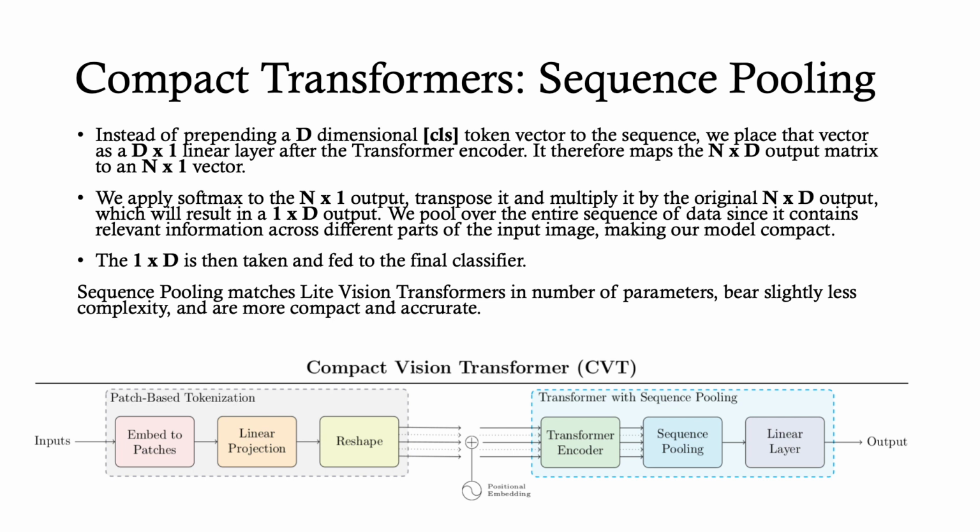This sequence pooling technique matches our model's performance with the light version of the vision transformers in terms of the number of parameters, and in terms of complexity, it is actually slightly less. This makes the whole model more compact and accurate. The design is illustrated in the diagram below.